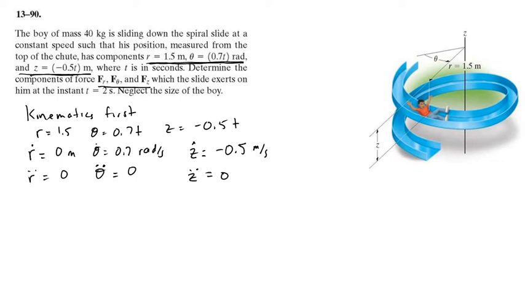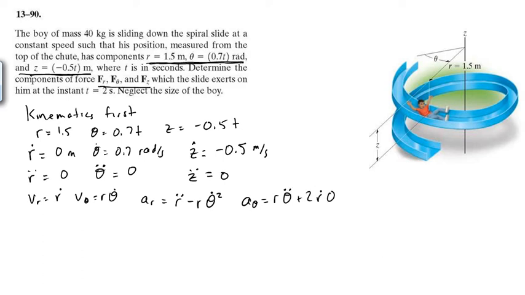Then if you go back to your notes, you have a description in cylindrical coordinates of how to define acceleration and velocity in terms of these r's, theta dots and z's. So if you remember, Vr was just r dot, V theta was r theta dot, acceleration in r is r double dot minus r theta dot squared, and acceleration in theta is r theta double dot plus 2 r dot theta dot.